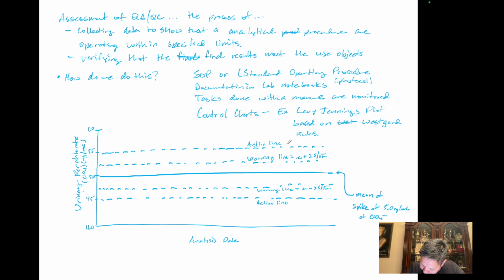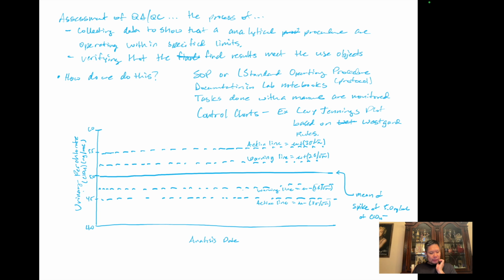So the action line above is equal to the mean plus 3 standard deviations divided by the square root of n. Don't forget to put parentheses around these. Sorry about that. And then the one below is equal to the mean minus 3 standard deviations divided by the square root of n.